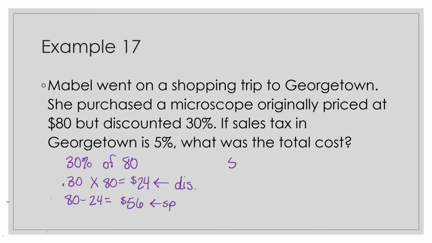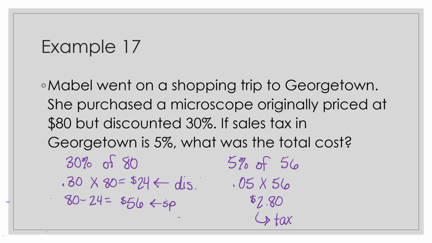So in tax, we pay 5% of the sale price, okay, because we only pay tax on the sale price, which is 56. So 0.05 multiplied by 56 is 2.80, which is $2.80, which is our tax.